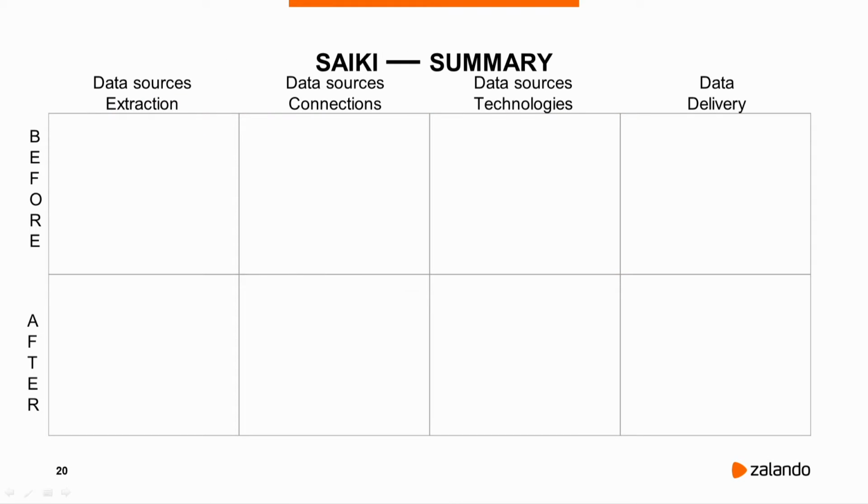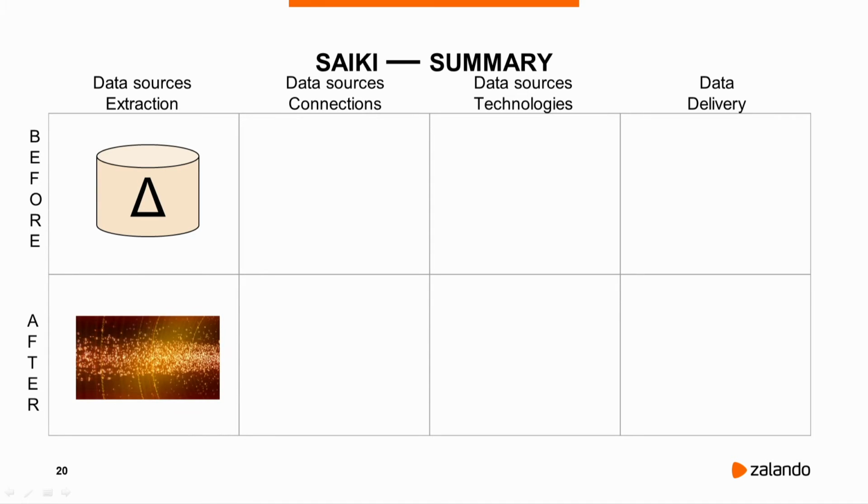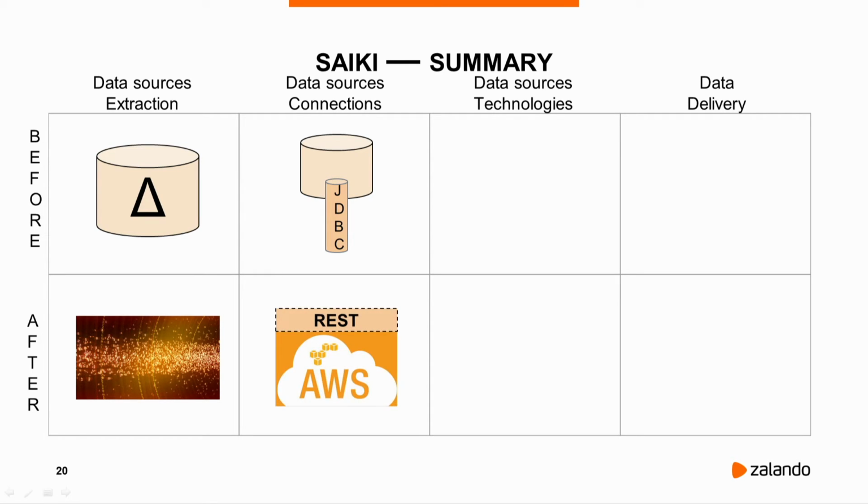So to sum up what we have done at the team until now: before, we were extracting data from relational databases using delta loads. Now we have data streams, and we use Kafka for that. Before, we were using JDBC connections to our Postgres databases. Now we are using RESTful APIs to connect to these new microservices.